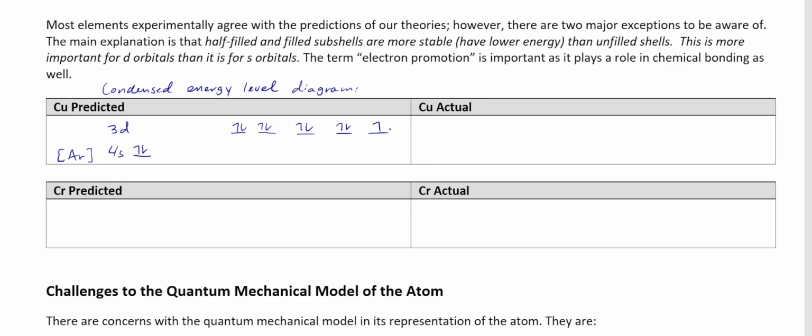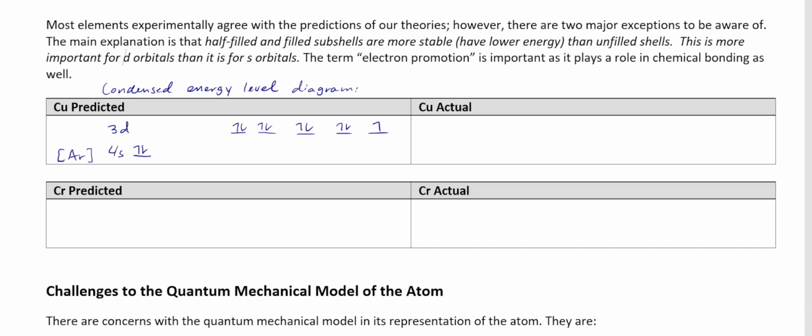Now, this is what is predicted based off of Aufbau, so based off of going from lowest energy to highest energy. But what we see again is that half-filled and fully filled subshells are more stable than unfilled shells, and it's more important for D than it is for S.